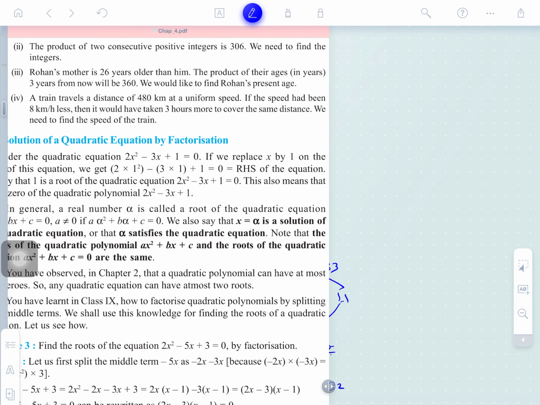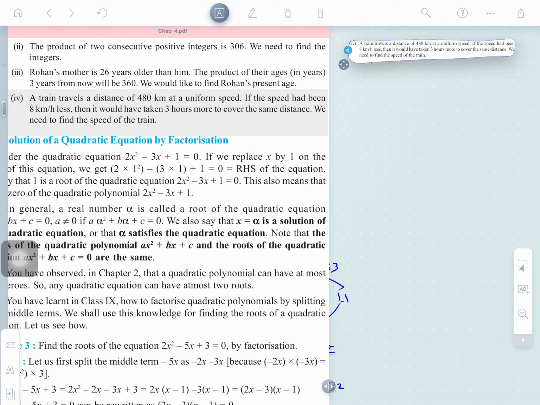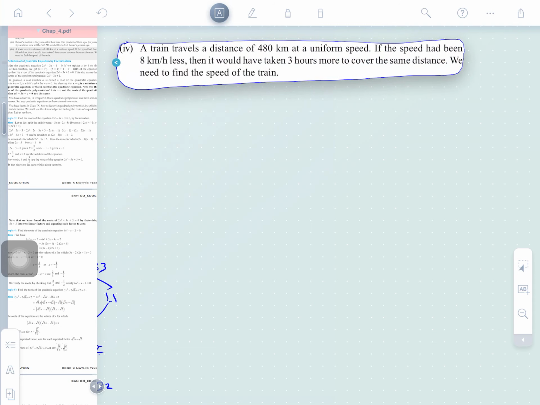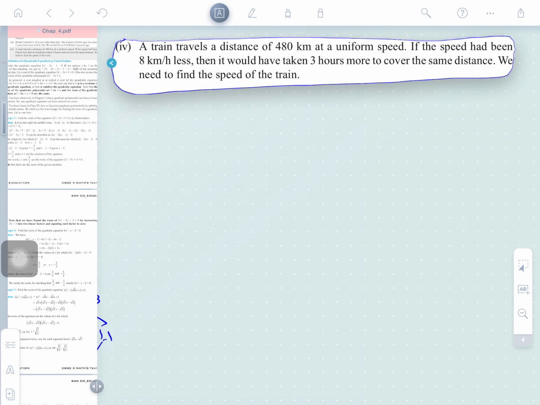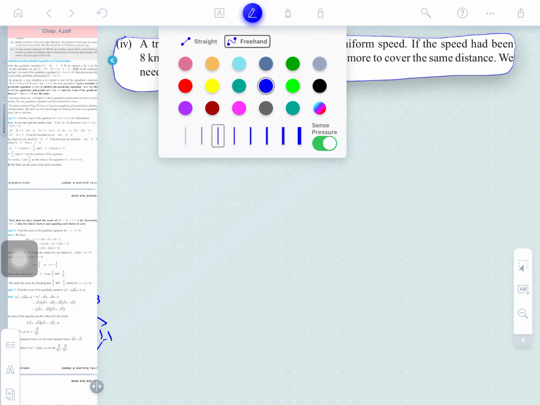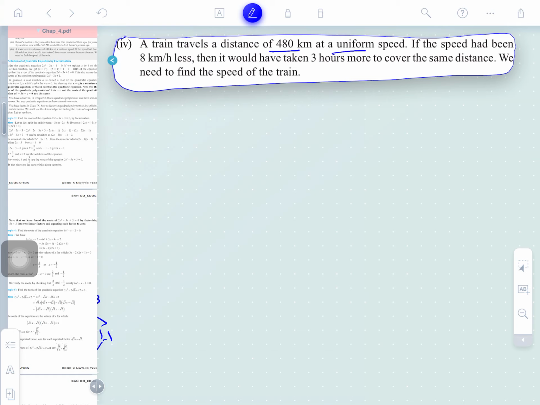The question is saying that a train travels 480 kilometer at uniform speed. The speed is unknown.